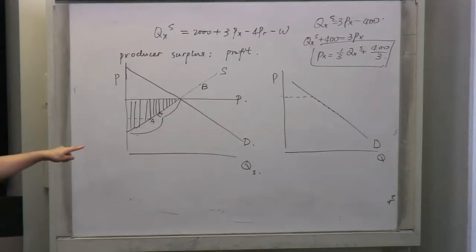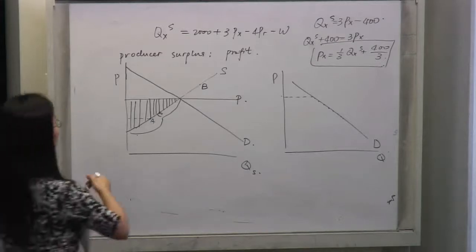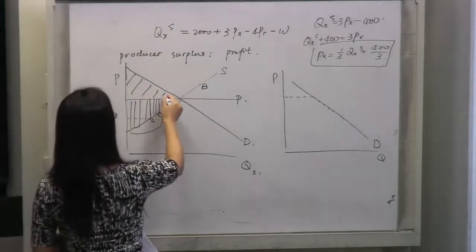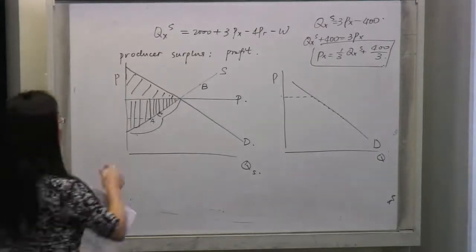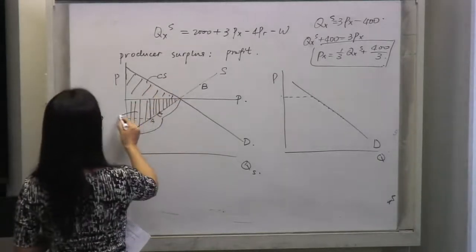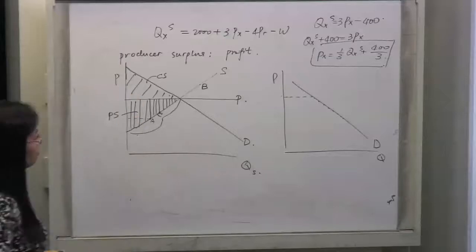With that demand curve, which area represents consumer surplus? Which area represents consumer surplus? That one, on top. Right. Okay. This is consumer surplus, CS. This is producer surplus, PS.